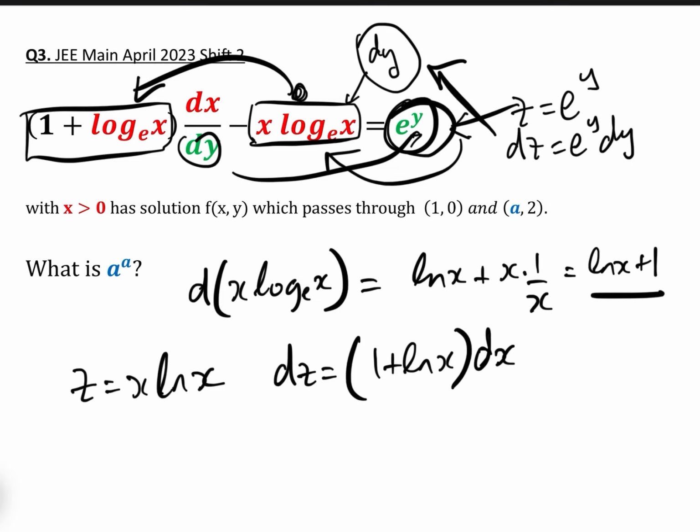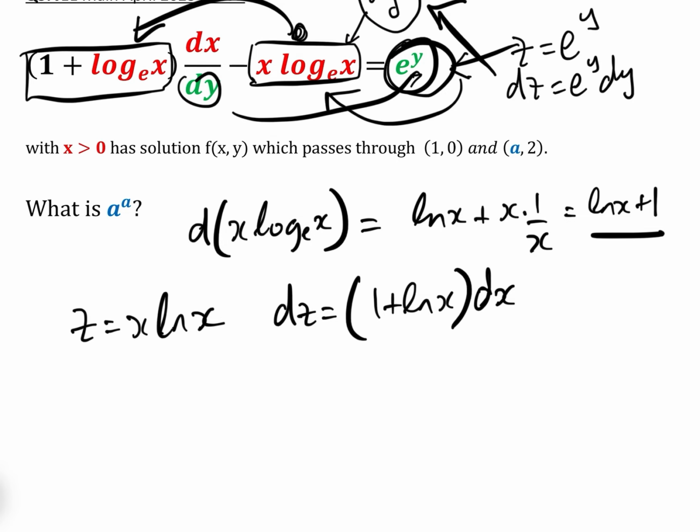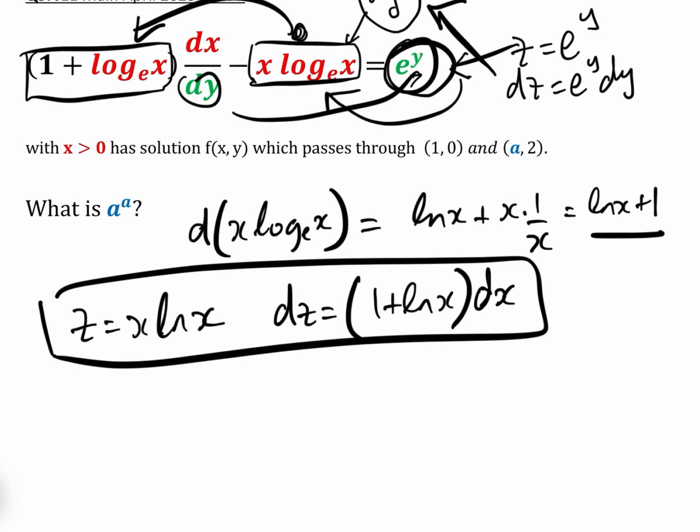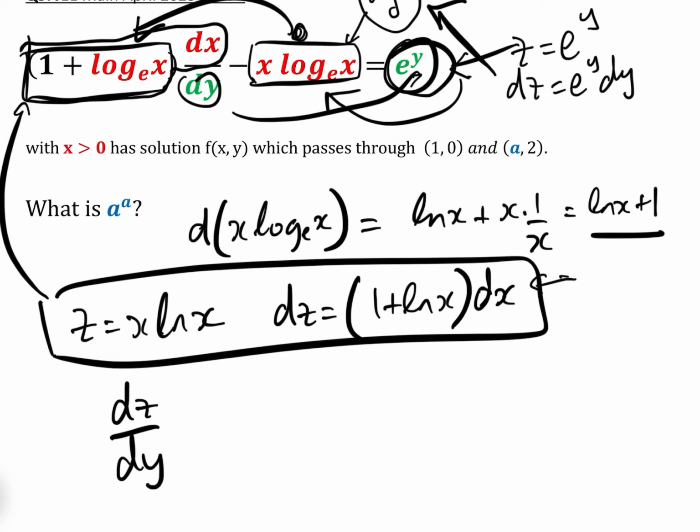And then we can do our substitution, and let's substitute this into here. Looking at this bit here, 1 plus log x dx is the same as that. So we basically get dz over dy, that's just substituting that bit for dz, minus x log x, which is z, equals e to the y.